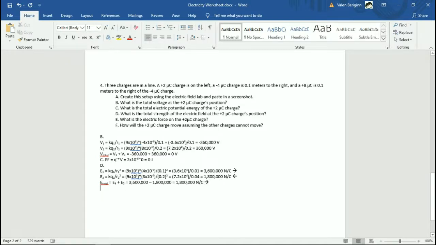Okay. What is the total force on that charge? Same thing that we did with C. So the charge here is, again, 2 times 10 to the negative 6 times, but now the field, it's not 0 like the voltage, so we're going to actually have a number that's not 0 here.